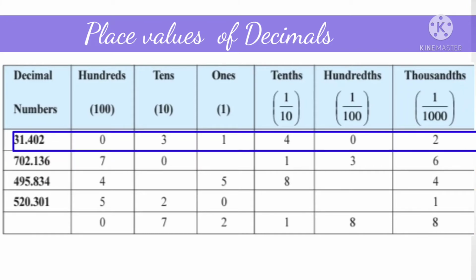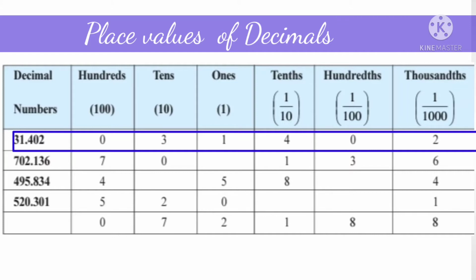In this first one, what is the decimal number given? 31.402. The decimal point is after 31. That means on the left side of the decimal point 31 is there, and on the right side there are 3 digits, 402.